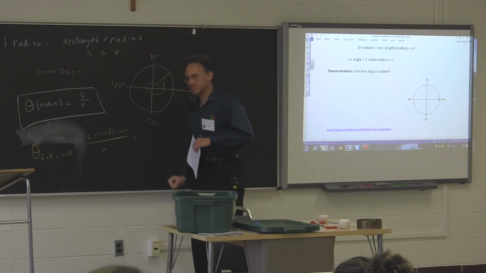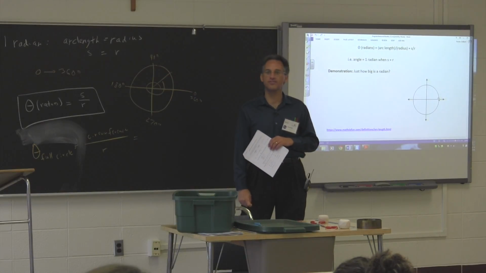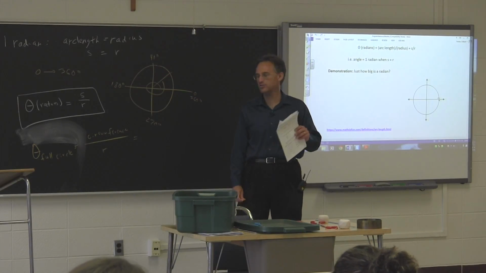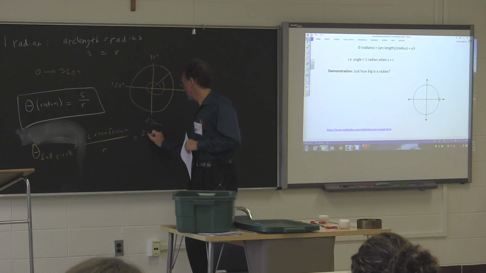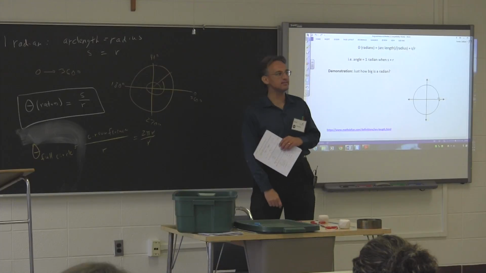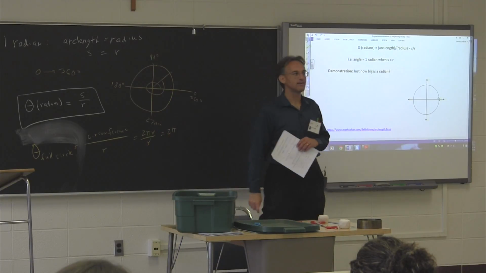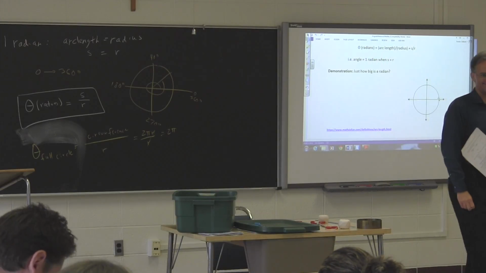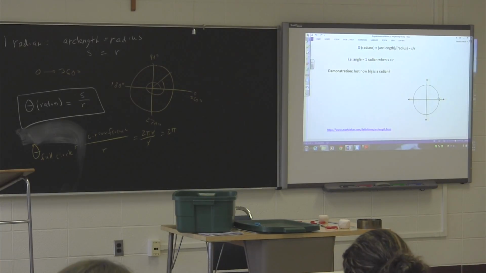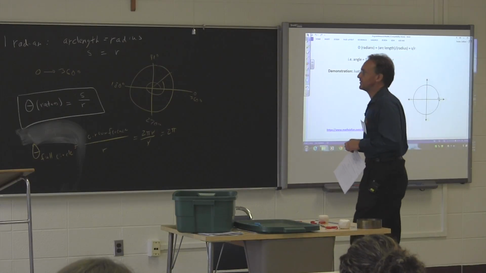And what's the formula for circumference? 2 pi r. And of course the r's cancel, and you're left with 2 pi. Okay? So there are 2 pi radians in a full circle.